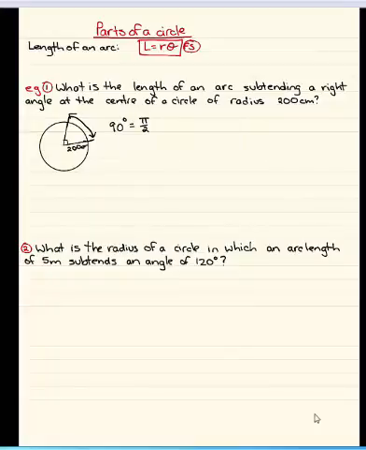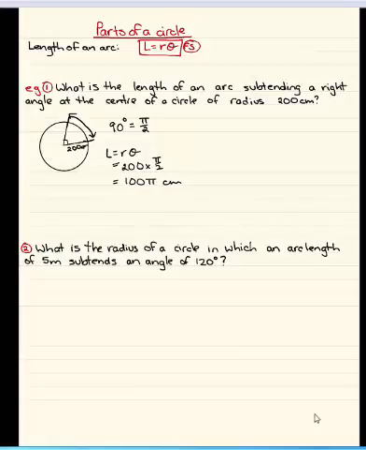You can't just do your radius times the angle in degrees, it has to be in radians. So once we know that it's pi over 2, it's just a straight substitution into your formula. So your arc length is your radius times the angle. Our radius is 200 centimeters and the angle is pi over 2. So the length we're looking for here is 100 pi centimeters.